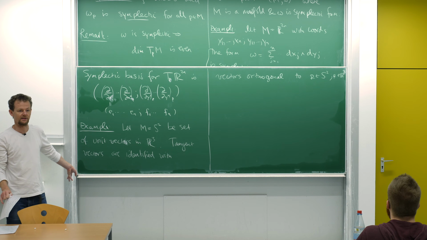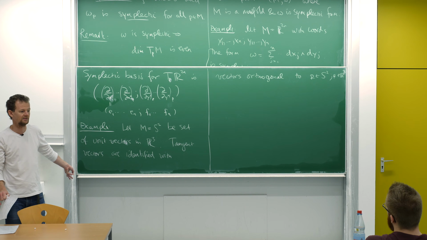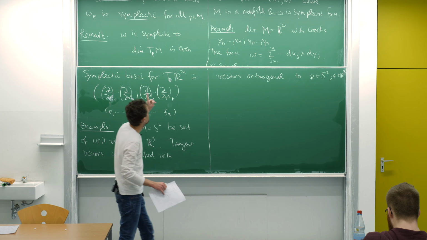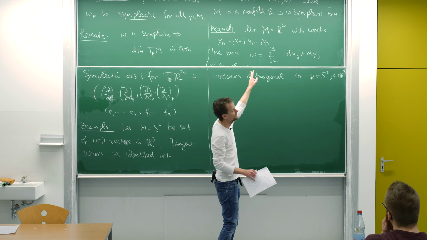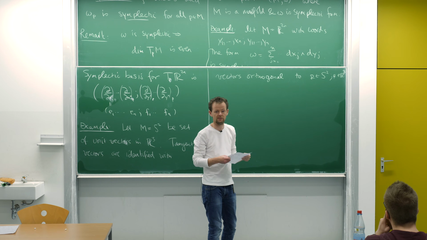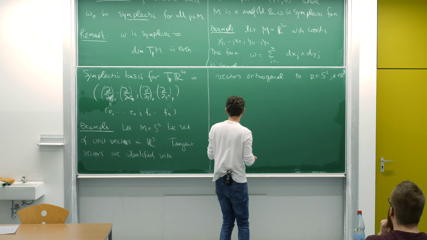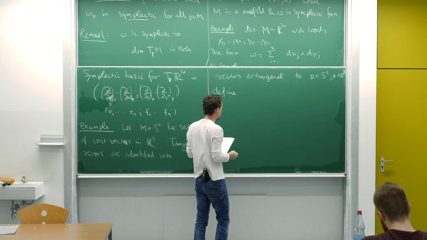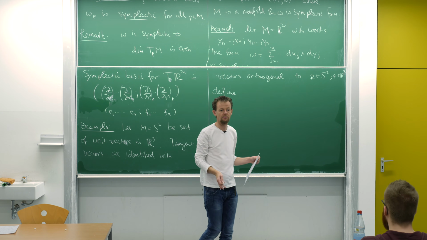We have a 2-dimensional vector space as a tangent space, but do we have a closed symplectic 2-form on this sphere? For that we need to be a little bit careful. If you experiment a little while, you'll come up with something like this.